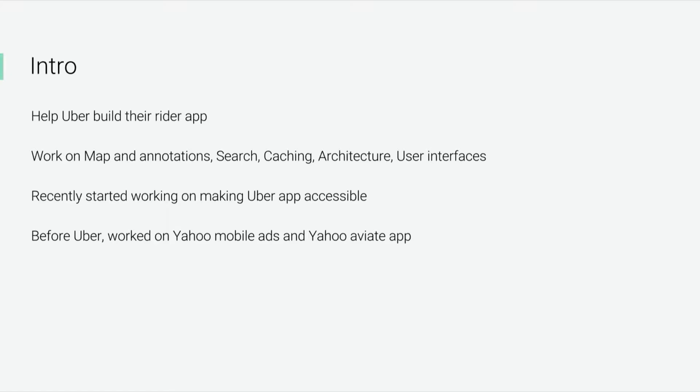One person even told me that using the Uber app is like owning his own private car for the first time in his life. So that is the level of impact that you can make if you make your app accessible, especially at Uber. Before Uber, I worked on Yahoo's native mobile ads and also on Yahoo's Aviate home screen app.